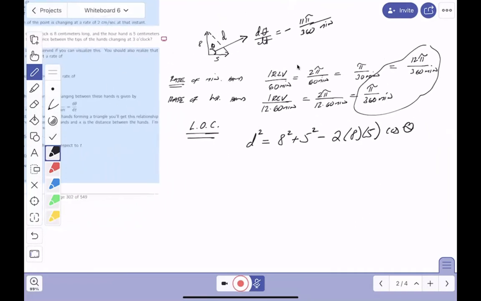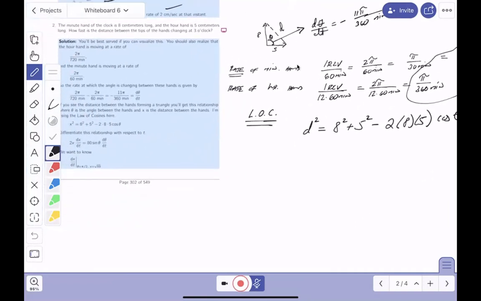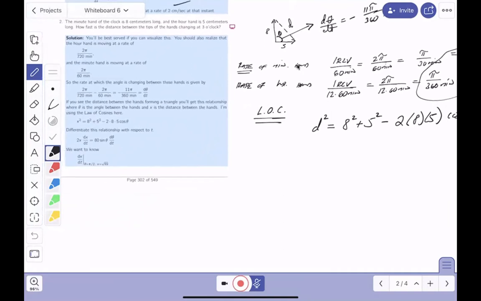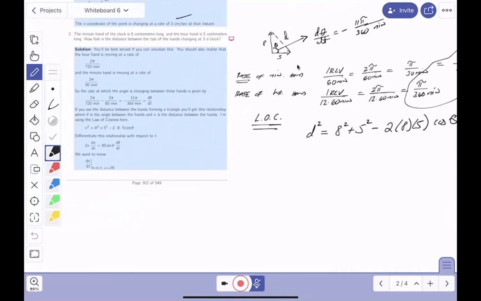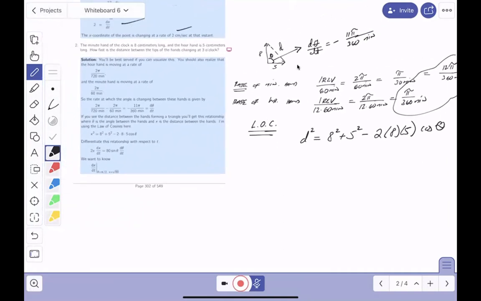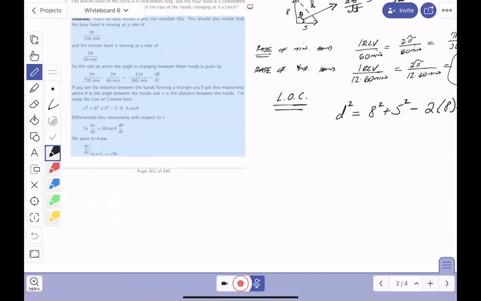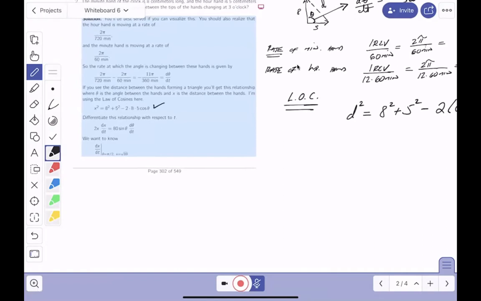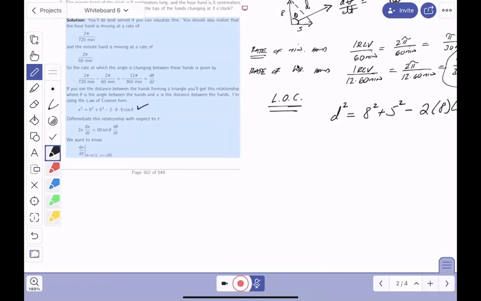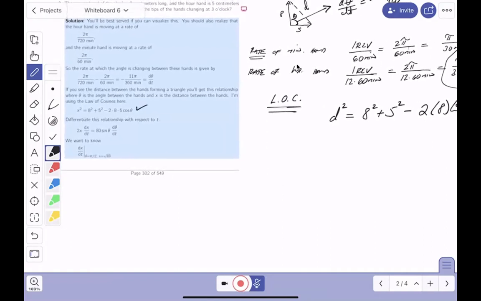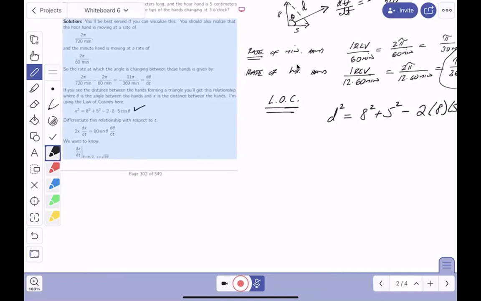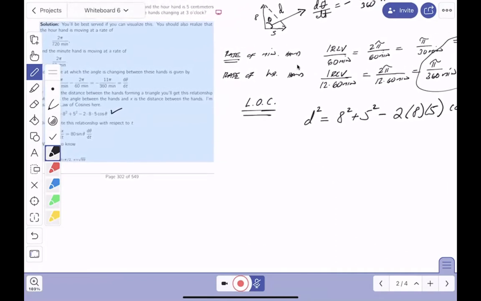By the way, on an exam it's so important that you start looking at work. I notice that I put x down for the distance here, and I'm using d. Did I get the relationship right? They used x for the distance; I used d. 8 squared plus 5 squared minus 2 times 8 times 5 times cosine theta.